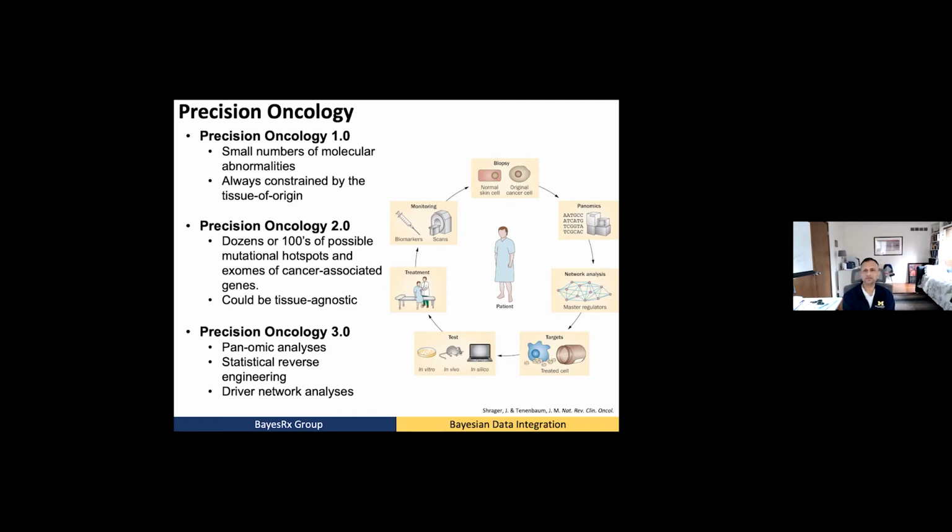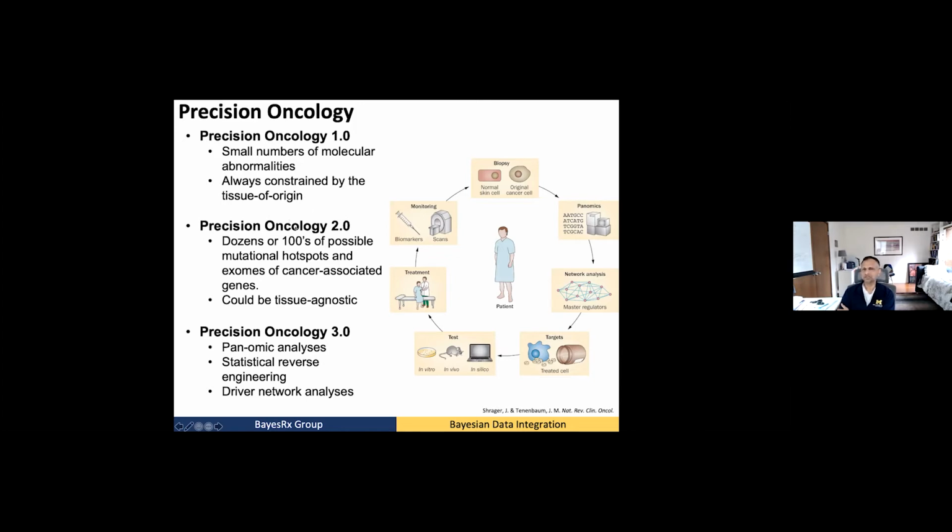I found this nice review paper by Schrager and Tenenbaum that has this whole life cycle of precision oncology broken up into three stages. Precision oncology 1.0, which is probably what was 5-10 years ago, depended on a small number of molecular abnormalities and was always constrained by the tissue of origin or by the organ.